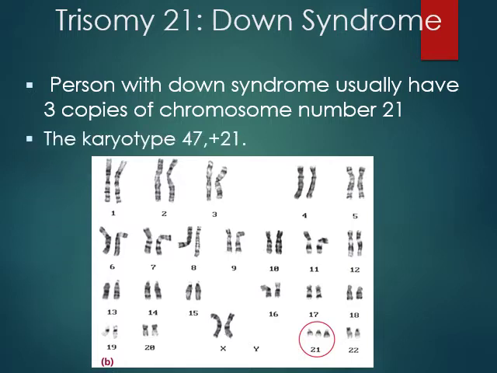The karyotype is written as 47 chromosomes, plus 21.